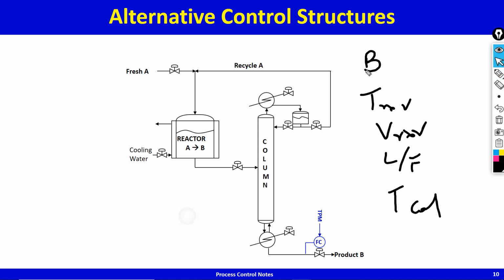And if we continue, so now you see the sump level cannot be controlled using the bottom flow rate because it's already paired. So what we do is we control the sump level by adjusting the inflow, and this assumes that there's not too many trays between the sump and the feed, because if there are too many trays, then the level control will be very loose and the sump can run dry or overflow.